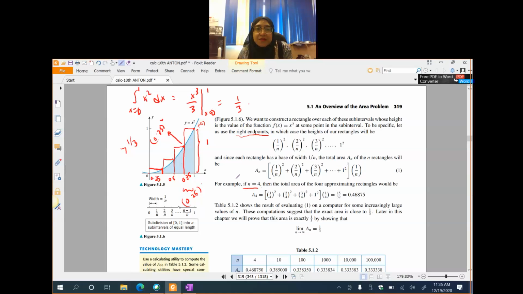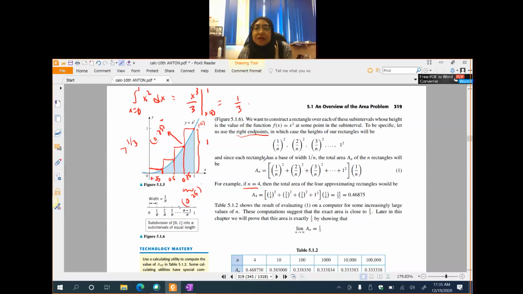And lastly, the last one will be 1, or in this case it is actually n divided by n, or 4 divided by 4, squared. And then you multiply with the length of the base. In this case, the length of the base is 1 over n, or in our example here, 1 over 4, which is 0.25.